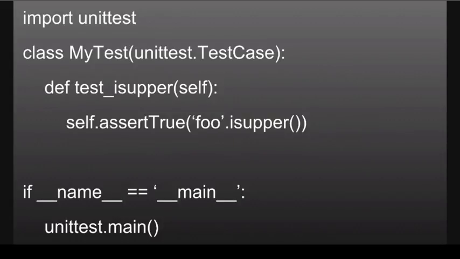We're just testing the string's isupper function. And, oops, that's going to fail. OK, never mind. So this is the case of a failing test. And then we have to call the main function in order to actually run the test library. There is more to it, but this is basically your test case inside of unittest.